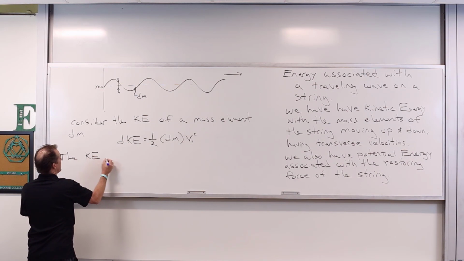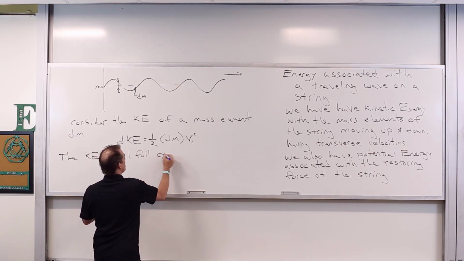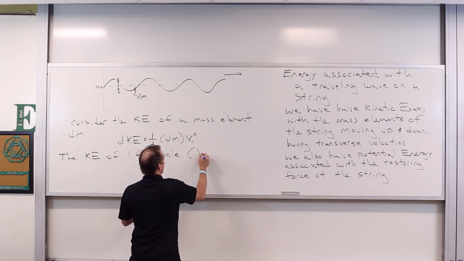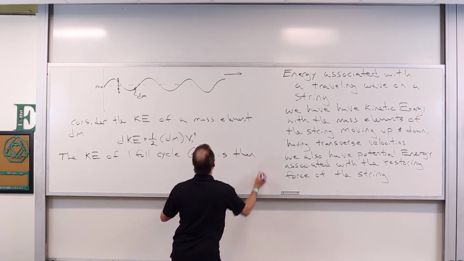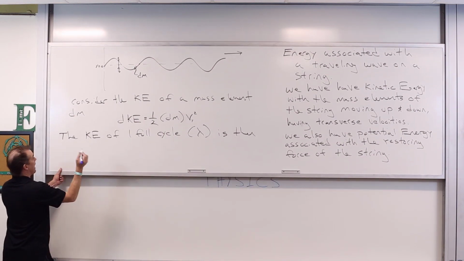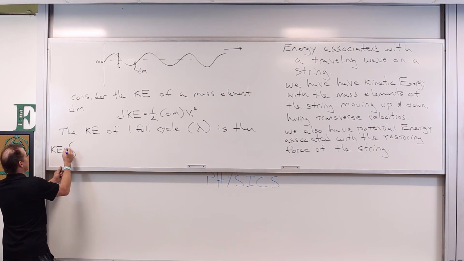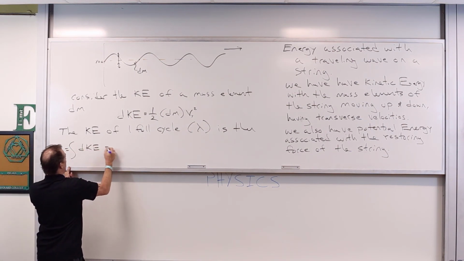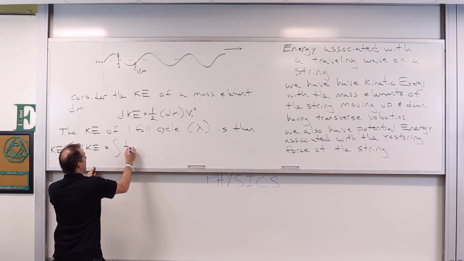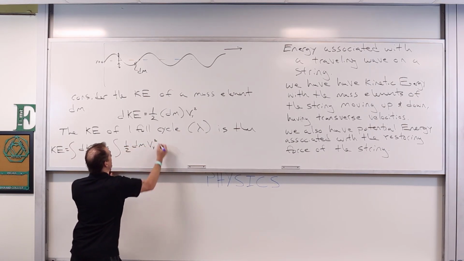The kinetic energy of one full cycle, lambda, is then, what do we have? Ke is going to be the integral of dKe, which is equal to the integral of 1/2 dm v sub y squared.